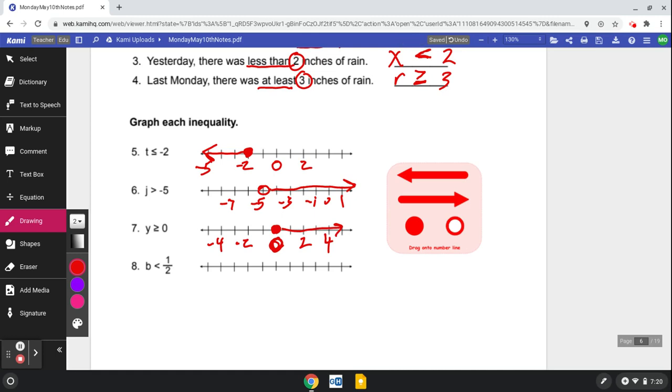All right, B is less than 1/2. Now this is where it can get a little tricky. Now, if I wanted, I could use this where I know these are all integers, like we normally do. And my half would be right there. That's one way you could do this. But then I would have to put an open circle.